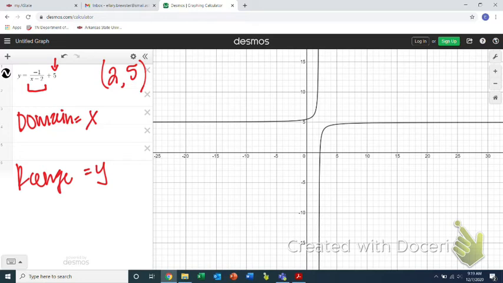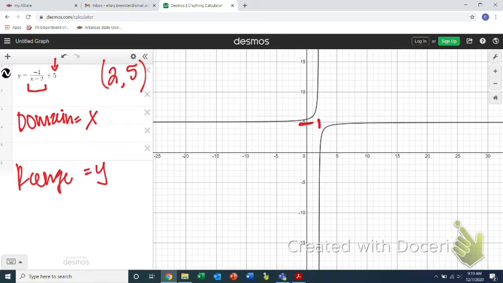If you look right here, here is x equals 2. What do you notice? It comes very close to touching it. Same thing with y equals 5. It comes very close to touching it, but it does not quite touch it.